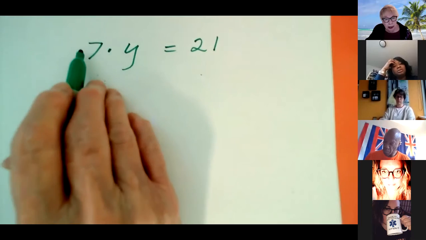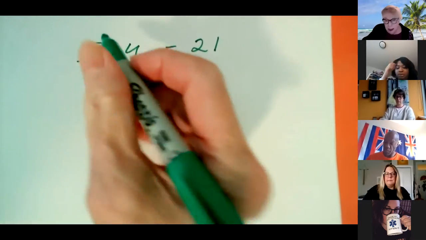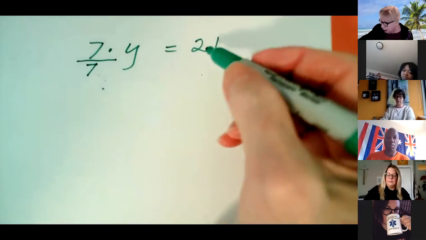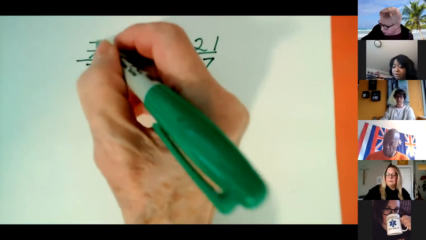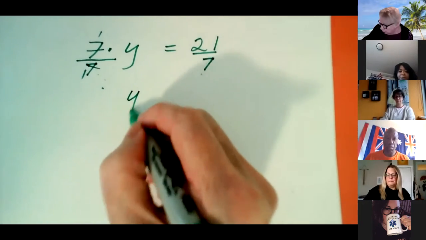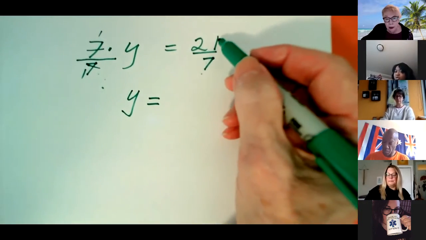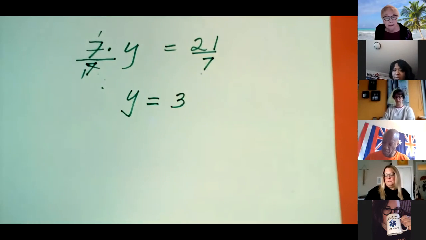And so I want to really get rid of this 7. So instead of multiplying, I divide, which is the opposite. And I have to do it to both sides to be fair again. And so the 7 over 7 is 1. 1y is really y. And the actual answer appears over here. Y is 3.